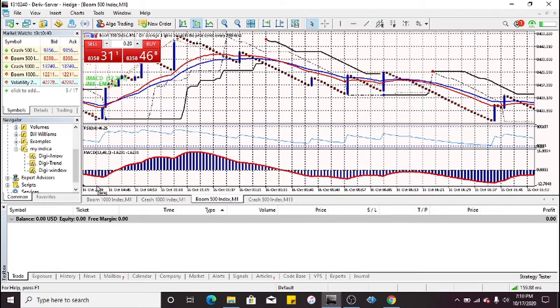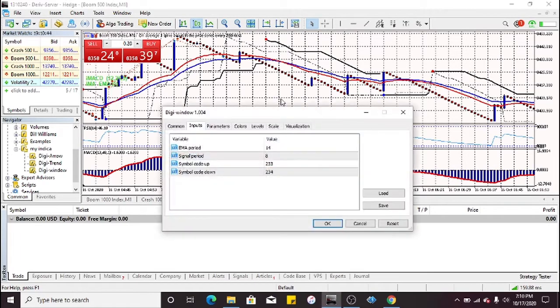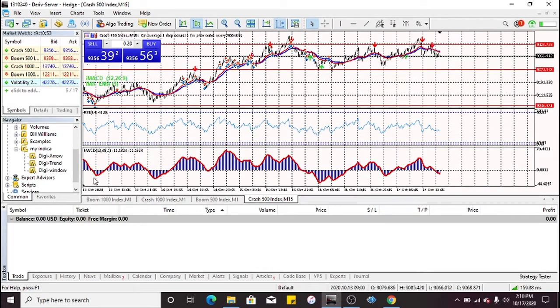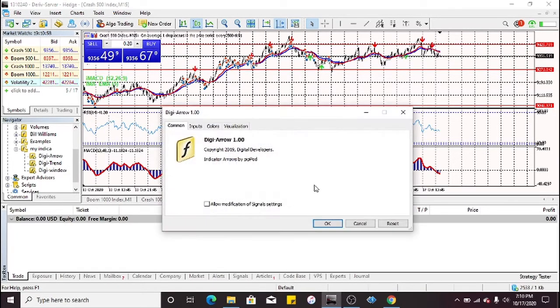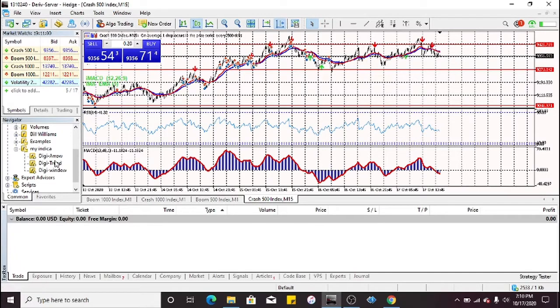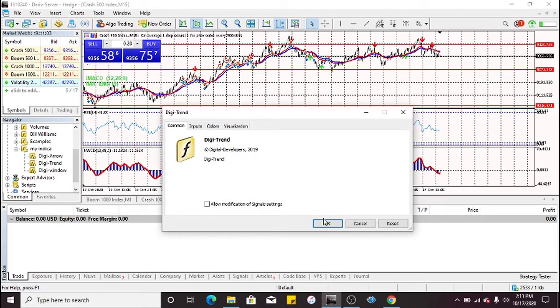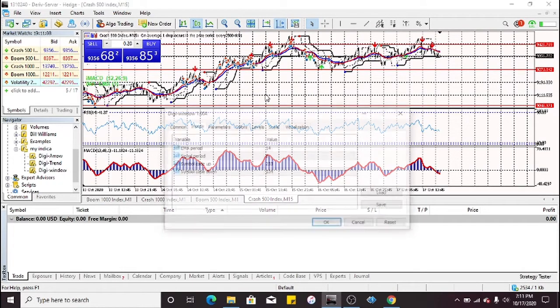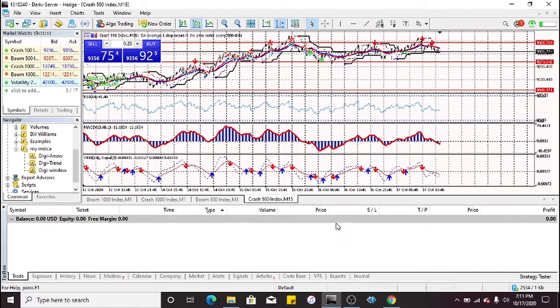But for the purpose for which we are going to use this indicator, I believe it's definitely going to work for the Boom 500 and the Crash 500.